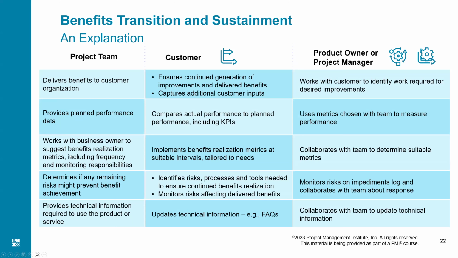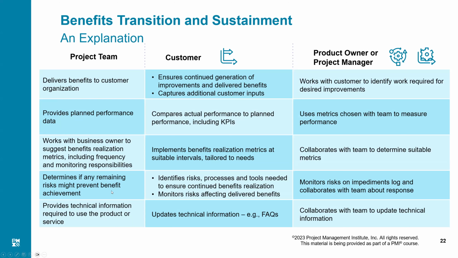Okay, what else? The third task was working with business owners to suggest benefit realization metrics. So the customer is responsible for implementing the benefit realization metrics at suitable intervals. In the case of agile and hybrid, the product owner and project manager collaborate with the team to determine suitable metrics.